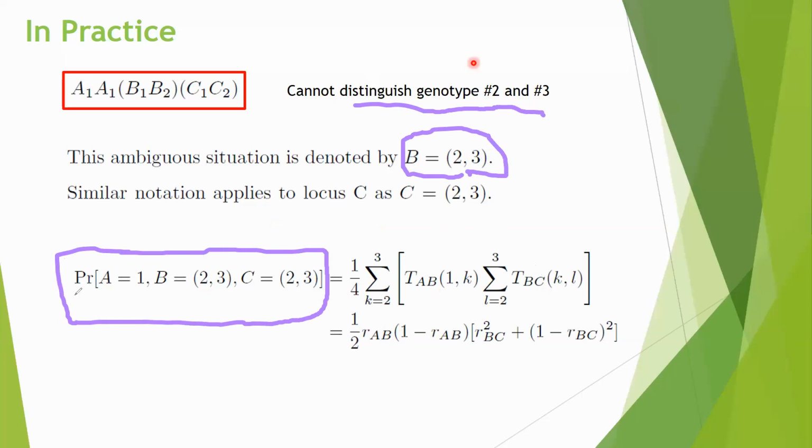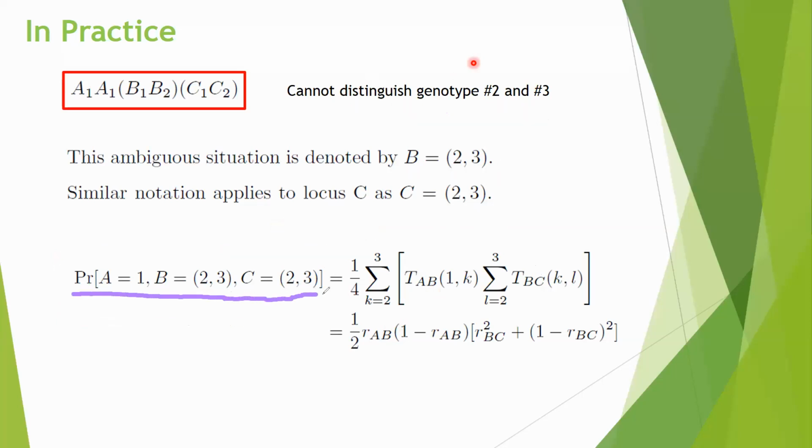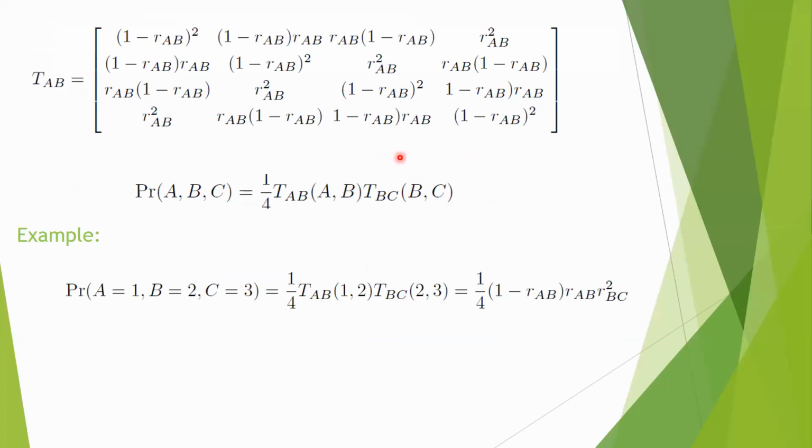So for example, if we want to calculate the probability of this, let me show you the previous slides. In the previous slides, it's the same, similar things. If we can distinguish genotype number 2 and number 3, this is easy, right?